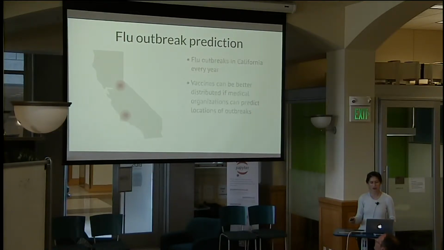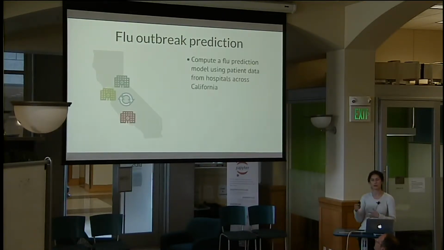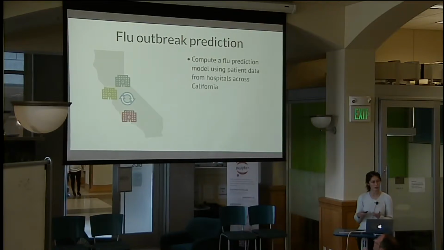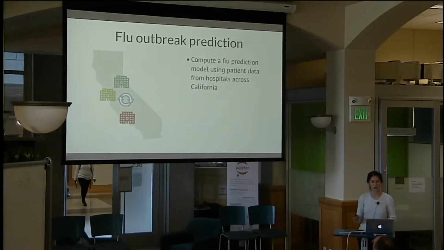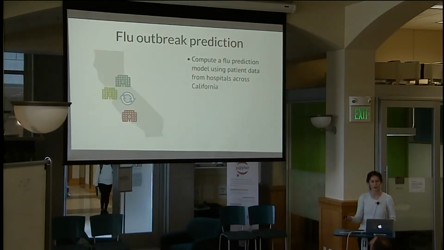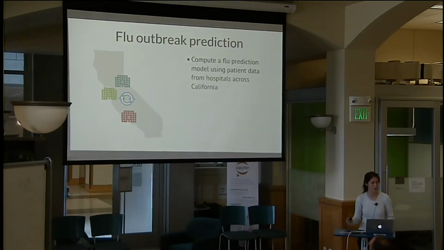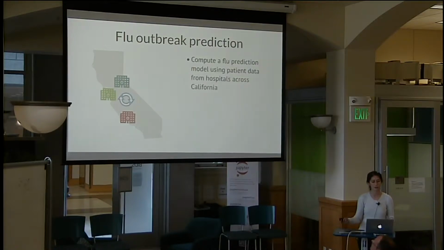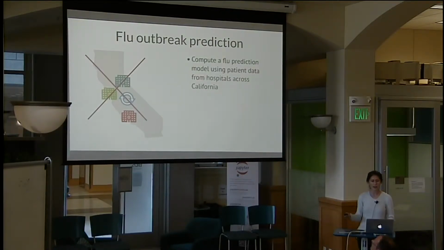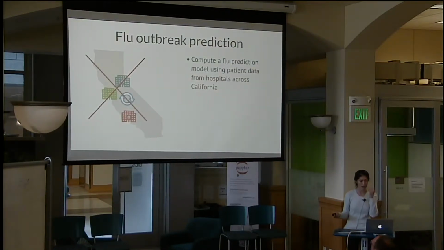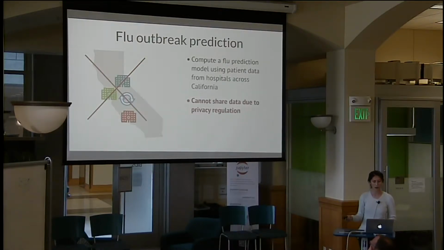Because this involves location-sensitive data, ideally what we want to do is compute a flu prediction model using geographically diverse patient data from hospitals across California. But again, this currently cannot be done because these hospitals cannot share data due to privacy regulation.